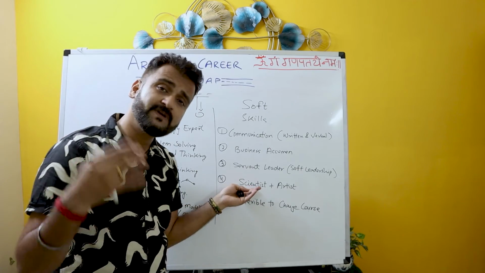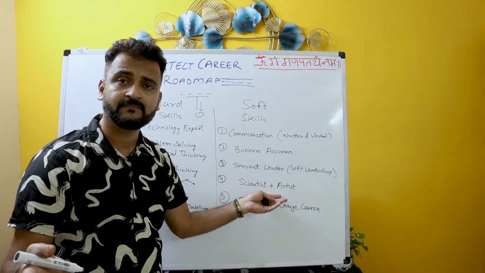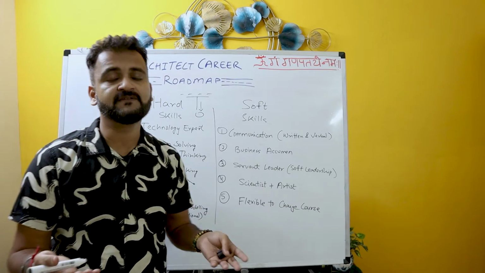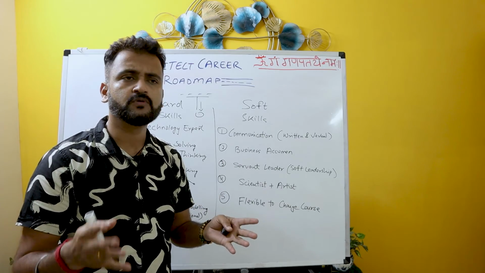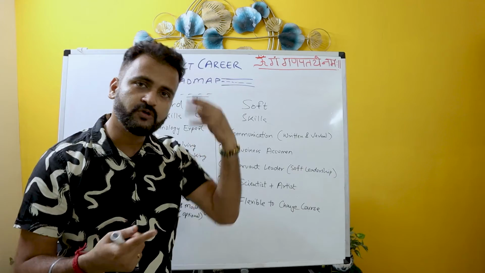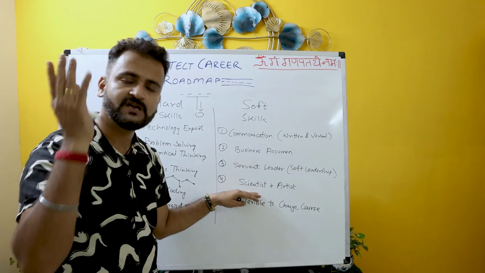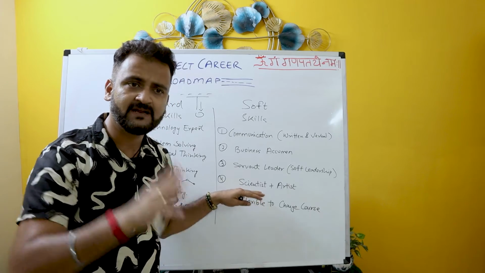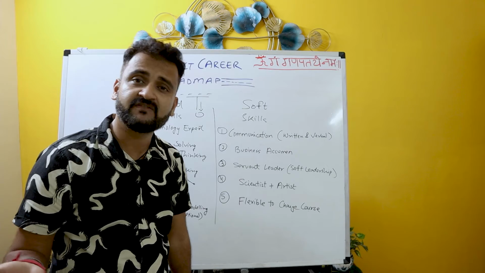You have to be a scientist and you have to be an artist at the same time. Now, this is what I personally feel, that whenever you are defining a solution, don't be a robotic person who would always go by the book. You have to bring art into the picture. You have to include your left and right brain at the same time, and that's why you have to be logical, practical and analytical, but then you have to be artistic and come up with something which has never been tried before.